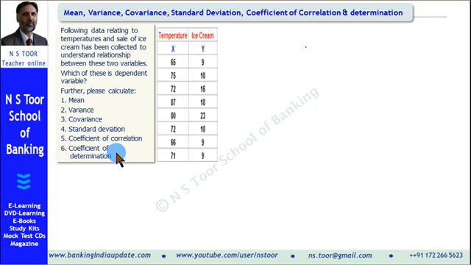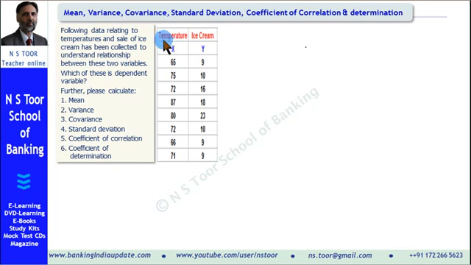This is the data given to us. This is the level of temperature. This is the sale of ice cream. Since sale of ice cream is dependent upon the temperature, hence the temperature is called the independent variable.